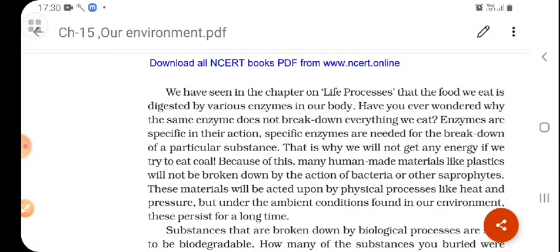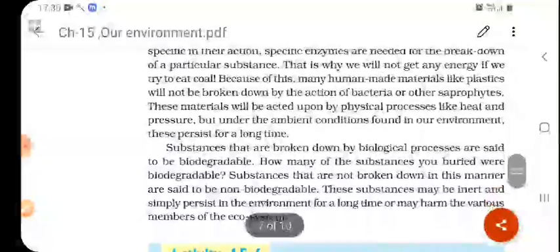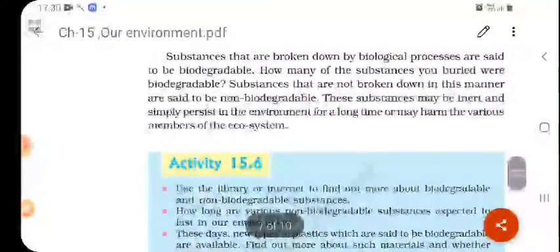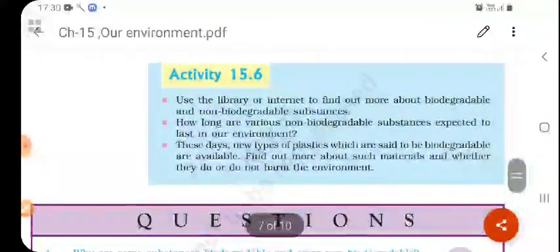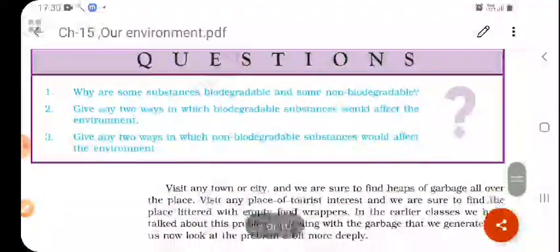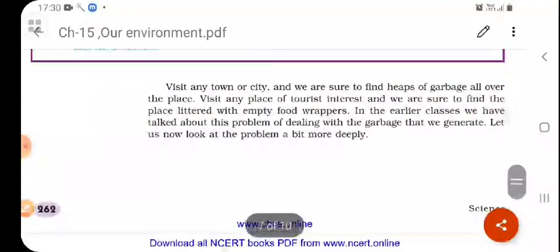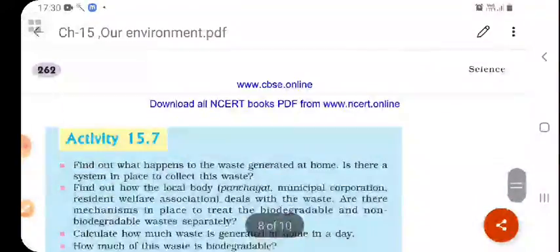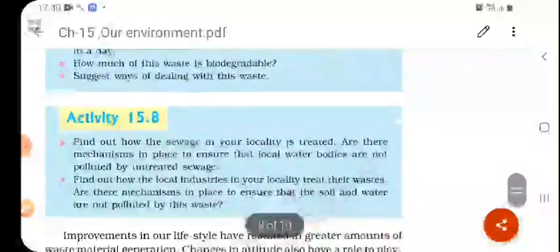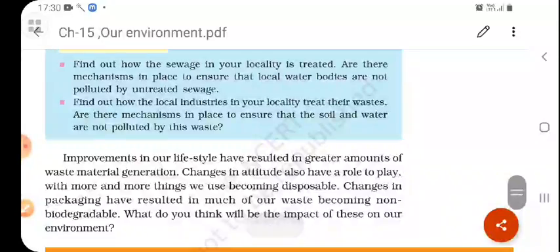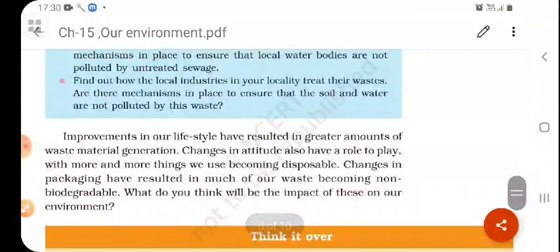Okay, and the soil, water, air, all things are polluted around us. Okay, and we have seen many biological processes which cause this. Okay, visit any town or city, we are sure to find heaps of garbage. Okay, from place to place there are heaps of garbage which are not biodegradable and cause pollution in a vast form.